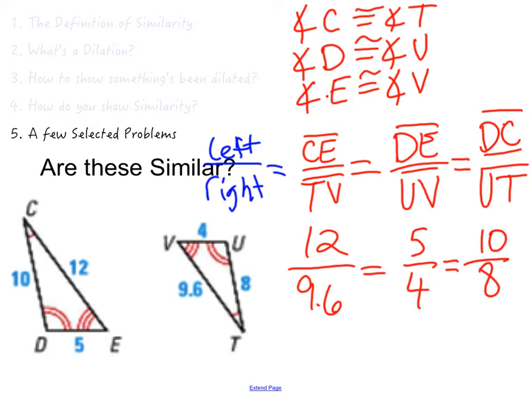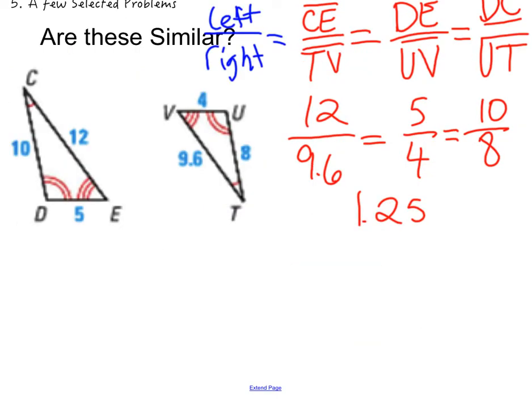Okay? Ms. Brash, I just reduced all those down to decimals, and I can confirm to you those are all 1.25. 1.25. Indeed. Okay, so then our next part to this, we're just going to go ahead and write a similarity statement.